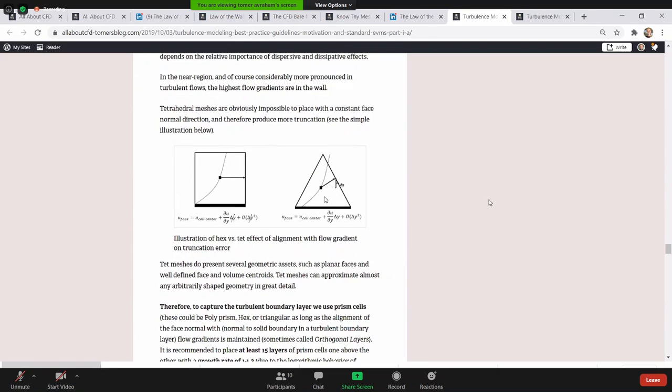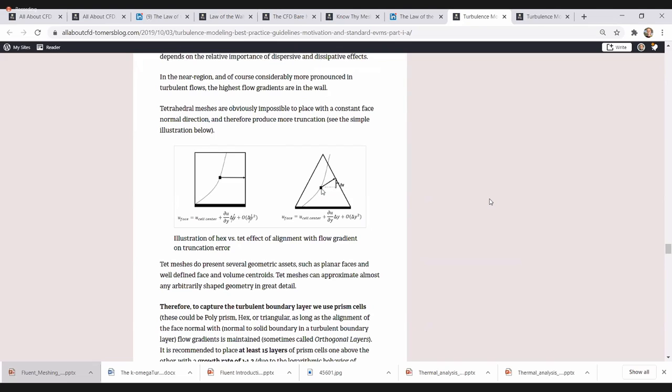Okay, here you can see how the truncation error actually works. You can see how this delta y here. If you get tetra, you can never get the flow aligned with the tetra, because tetra changes orientation all the time.